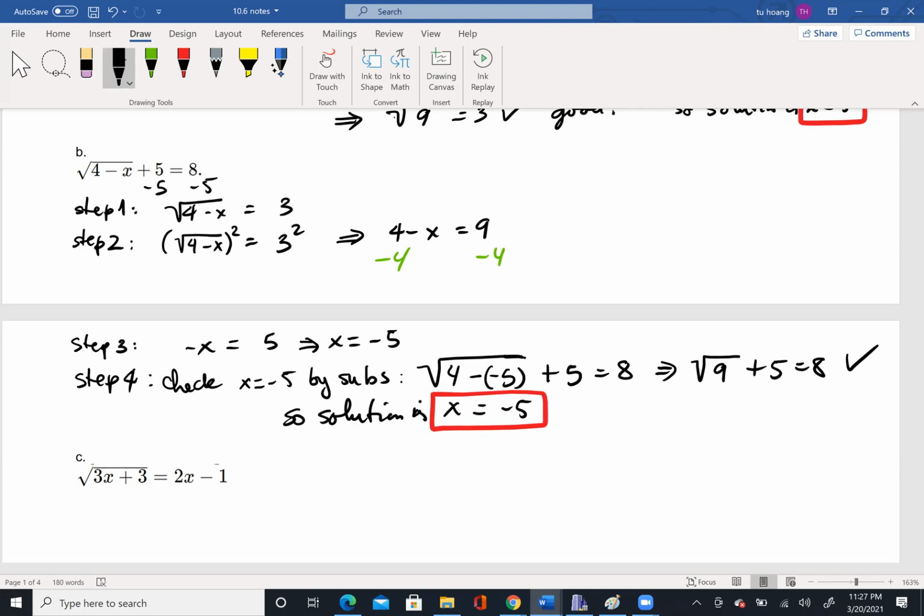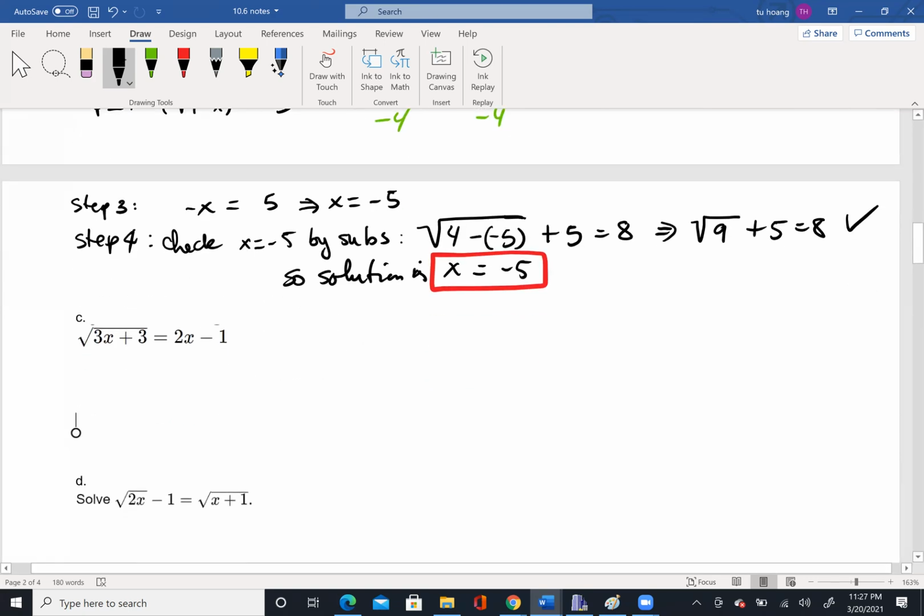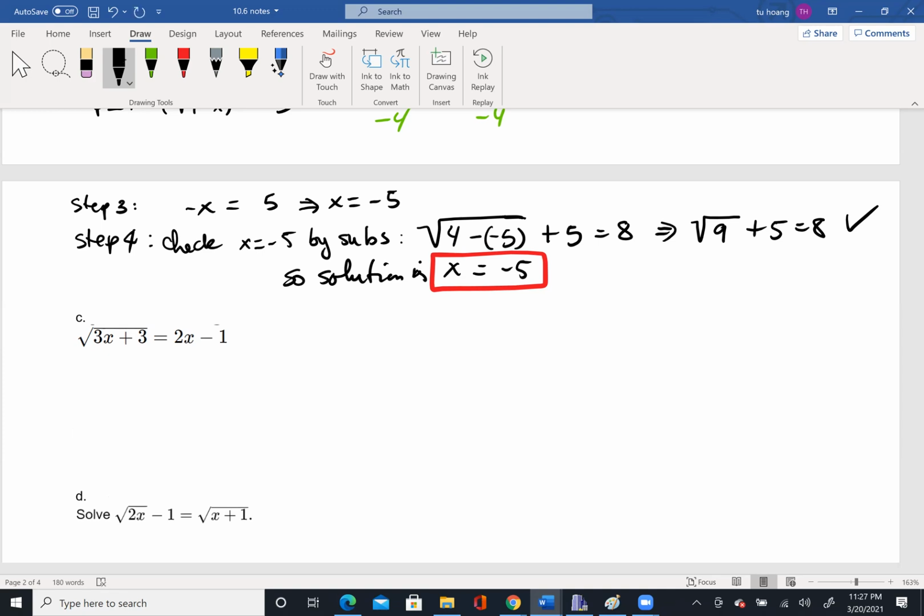Okay, let's move down and do the next example. In this case, problem C, I see that both sides have an expression with x, right? But on one side, I have a radical expression, and we still have to follow the 4 steps to solve this equation.